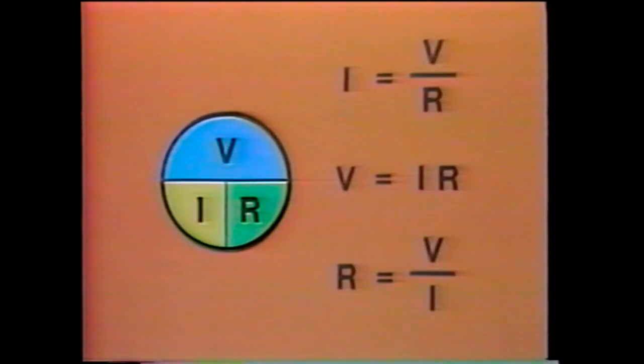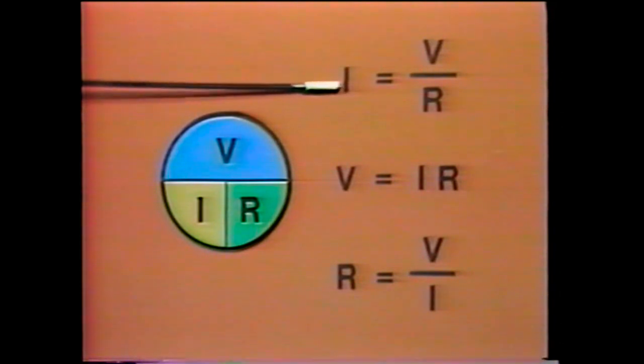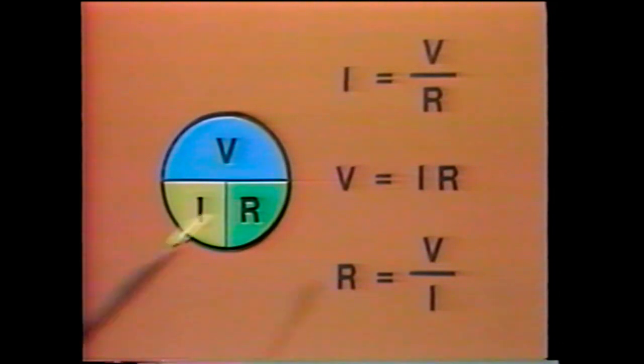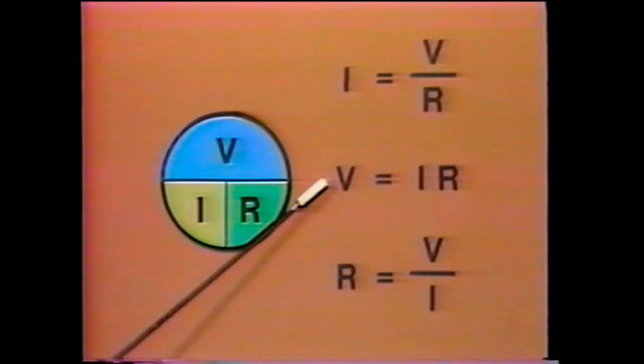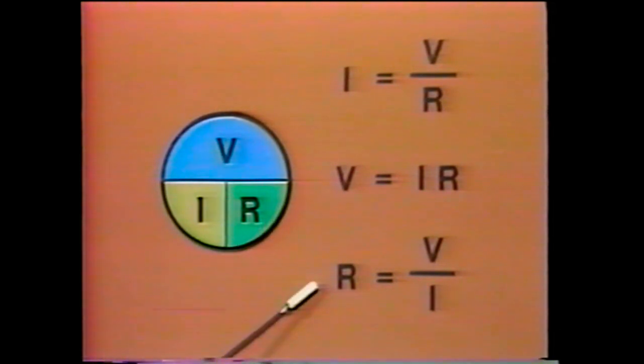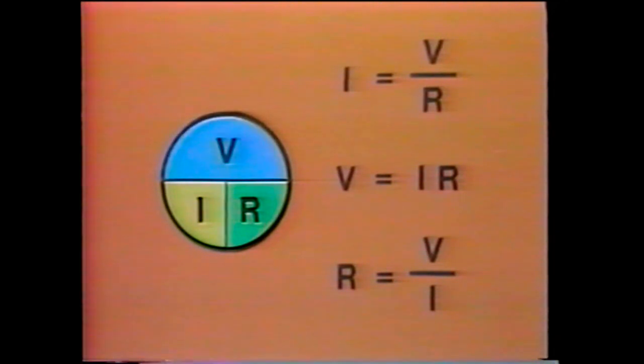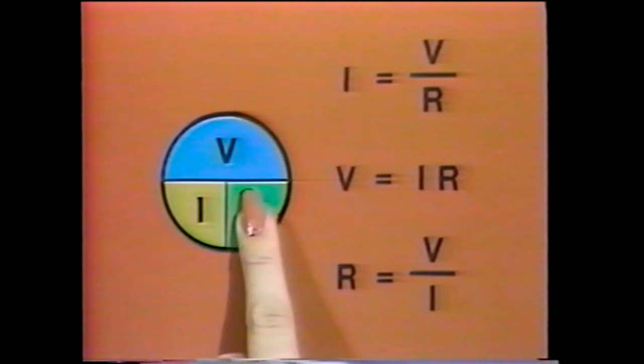Ohm's law, I equals V over R, can be rearranged as V equals I times R, or R equals V divided by I. We can easily remember Ohm's law from this diagram. Just cover up the term you want to find, then V equals, I equals and R equals.